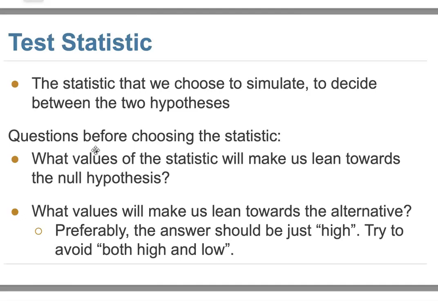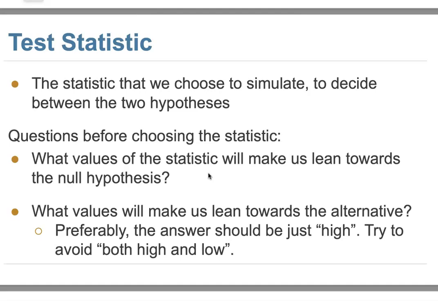Before we choose it, we may need to review again. That is the question you should ask before you choose the statistic. We have different statistics, so which statistic value will help us see the simulation lean toward the null hypothesis? Or what value will make us lean toward the alternative?